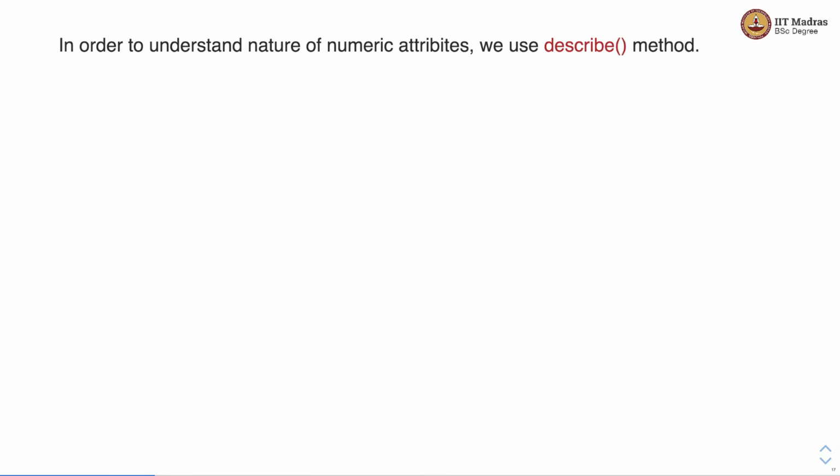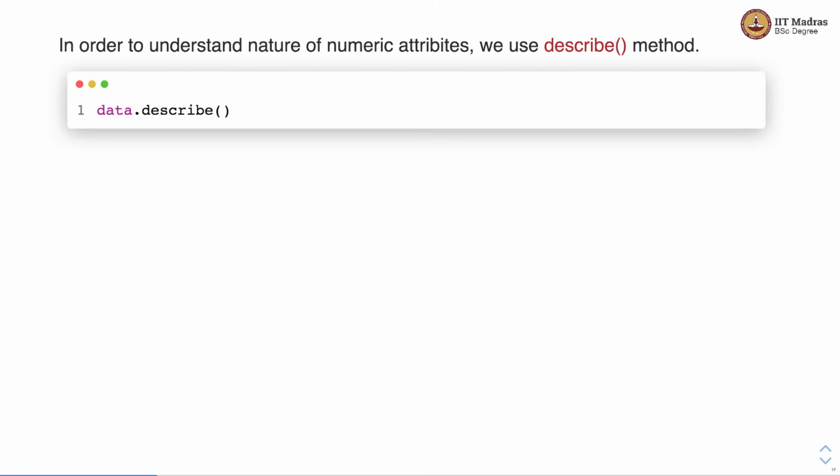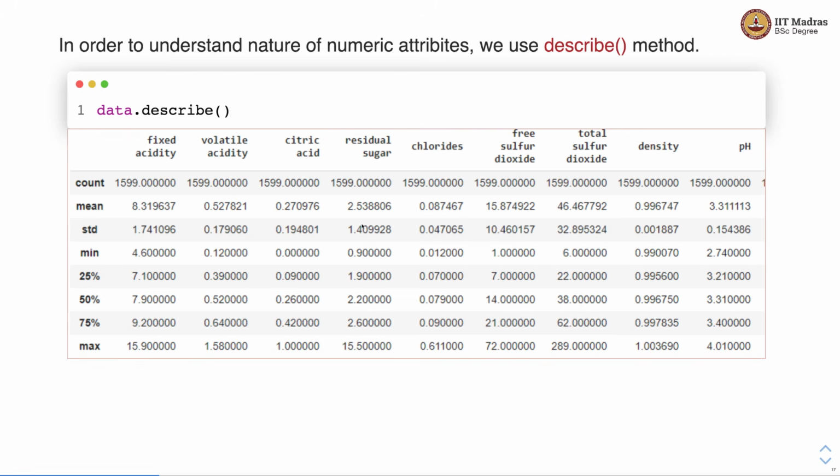In order to understand the nature of numeric attributes, we use the describe method. The describe method gives us statistics about each feature, or specifically, it gives statistics about each column in the data frame. So here you can see the statistics about fixed acidity. This is the number of examples for this particular feature, and the mean is 8.3 with a standard deviation of 1.74.